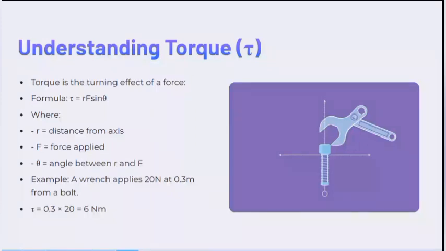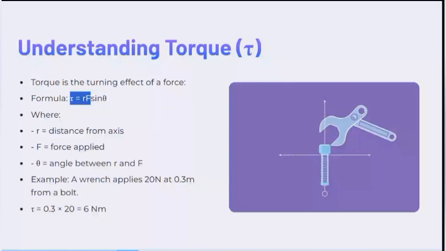So the formula for calculating the torque is: torque, this funny looking T, equals the radius times the normal force times sine theta.